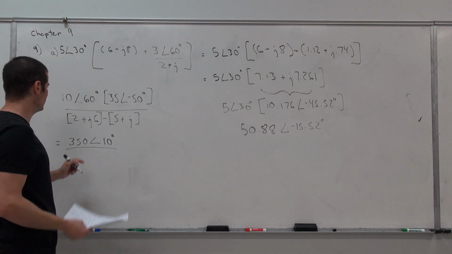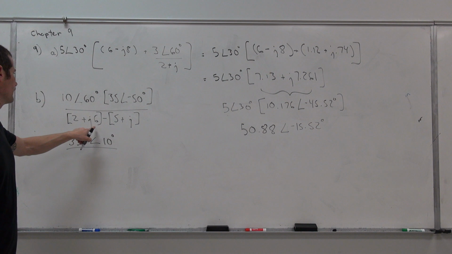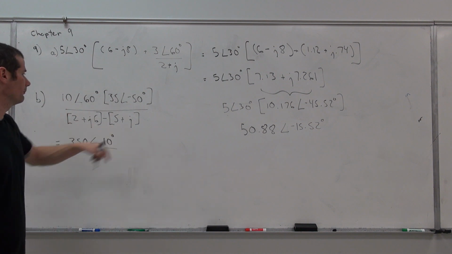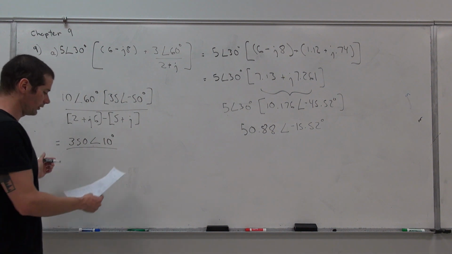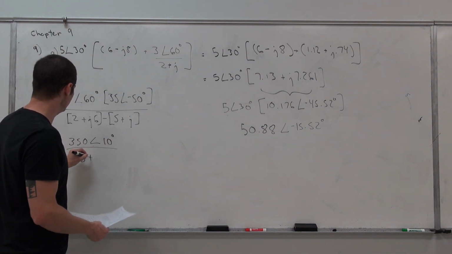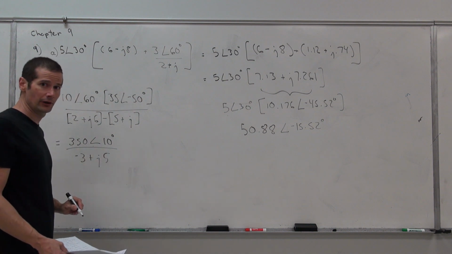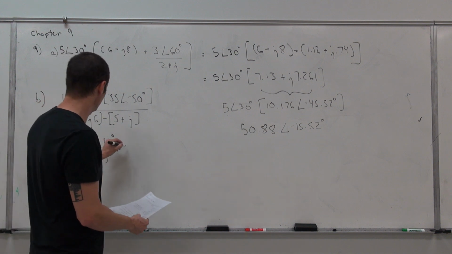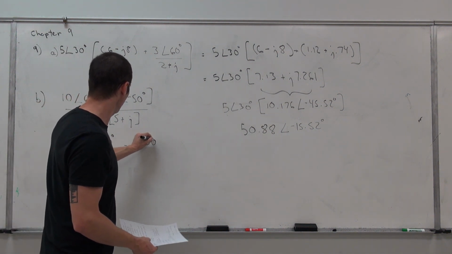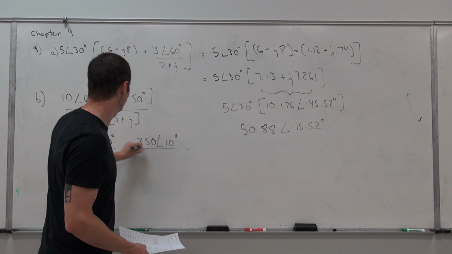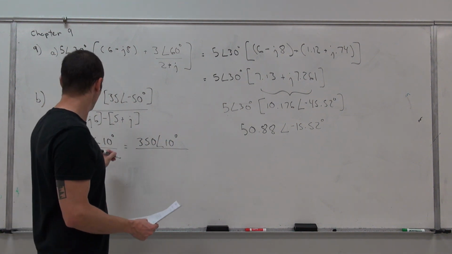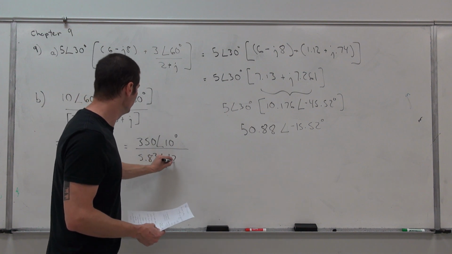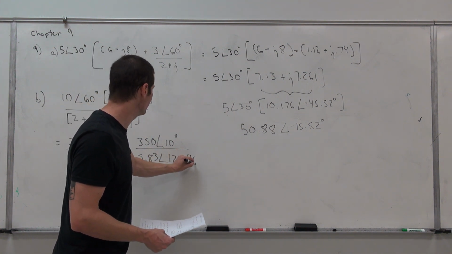Within the denominator, we take 2 minus 5 and then 6 minus 1j. So here we get negative 3 plus j5. We convert that into its polar equivalent. So we get 350 at an angle of 10 degrees over 5.83 at an angle of 120.96.